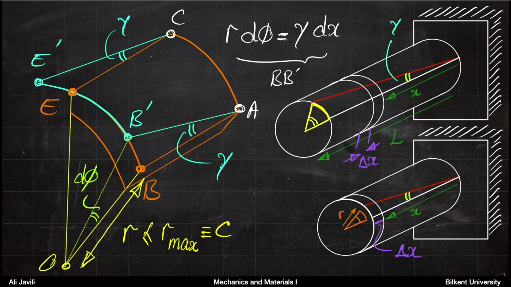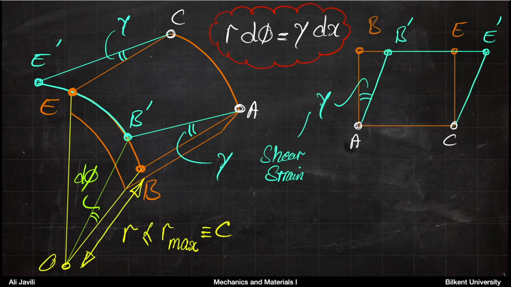So you get this relation: r d phi equals gamma dx. Just to make it clear, the picture you see here is just a more standard representation of what we had before.